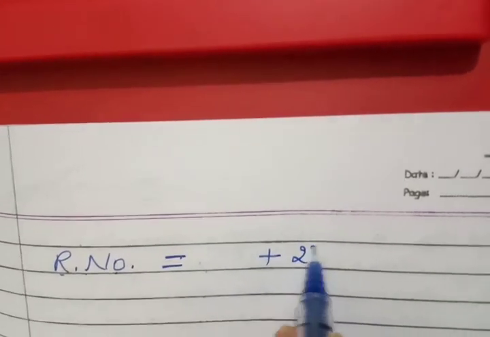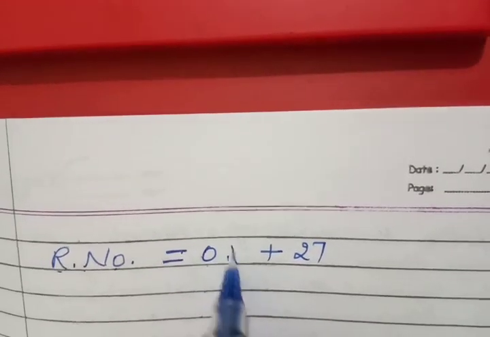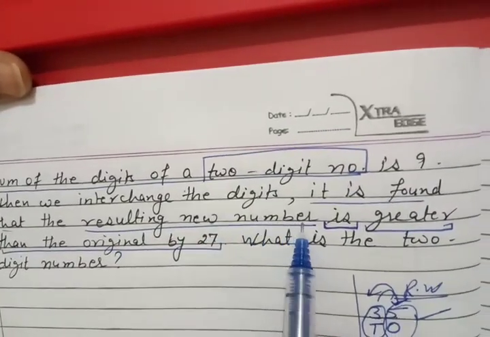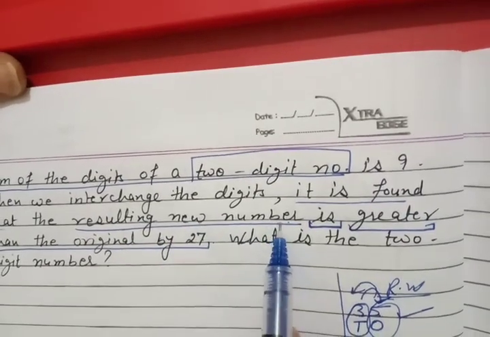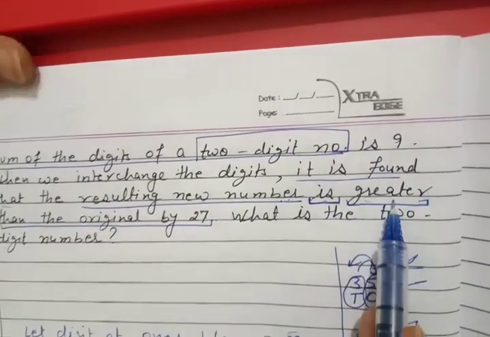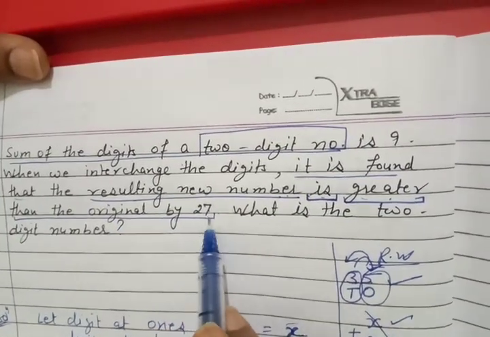Is means equal. Greater means plus 27, by which number? Original number. Again read this. Resulting new number, new number is reversed, is means equal, greater means plus, original by 27. So original number plus 27.